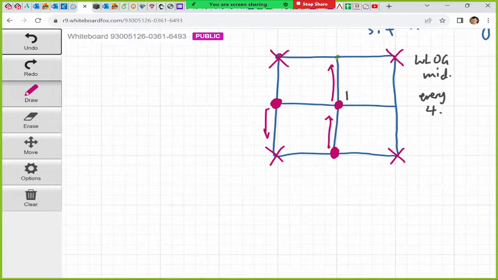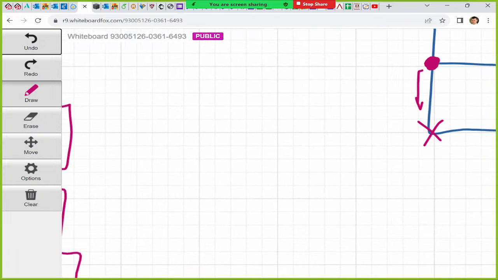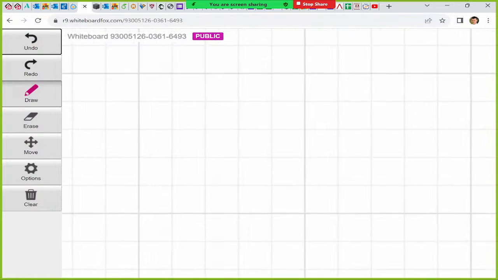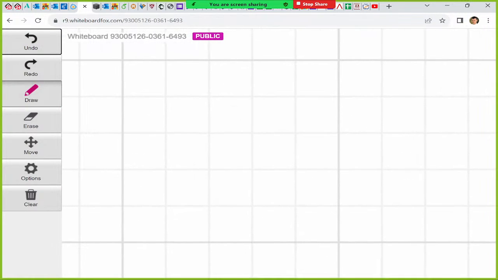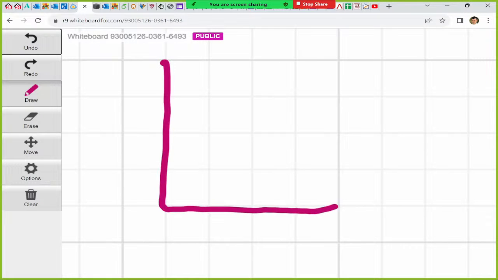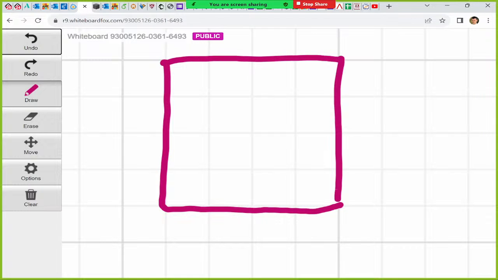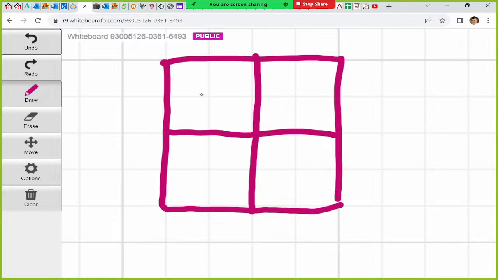I'll put up the next case just in case. Not exactly worked out the details, but draw the things out, right? The lines. So the middle exists. But no, it's not the middle that you deal with in that case.